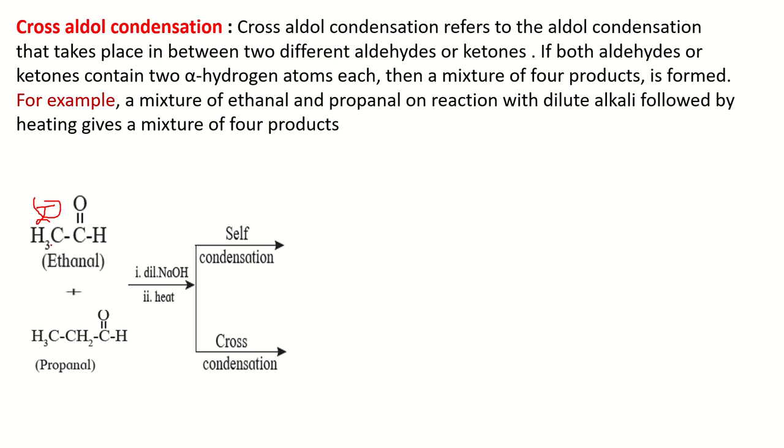Then this negative part attacks another ethanol. Consider there are two ethanol molecules. The negative part of one ethanol attacks the carbonyl carbon of the other ethanol. The resulting product is but-2-enal, crotonaldehyde.